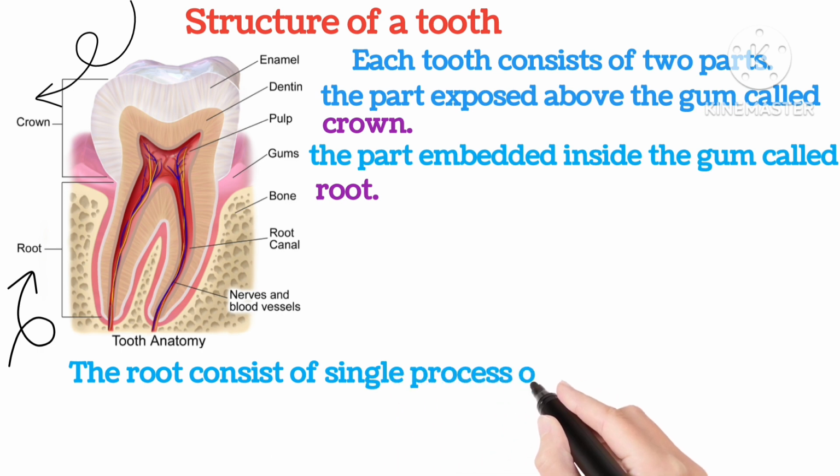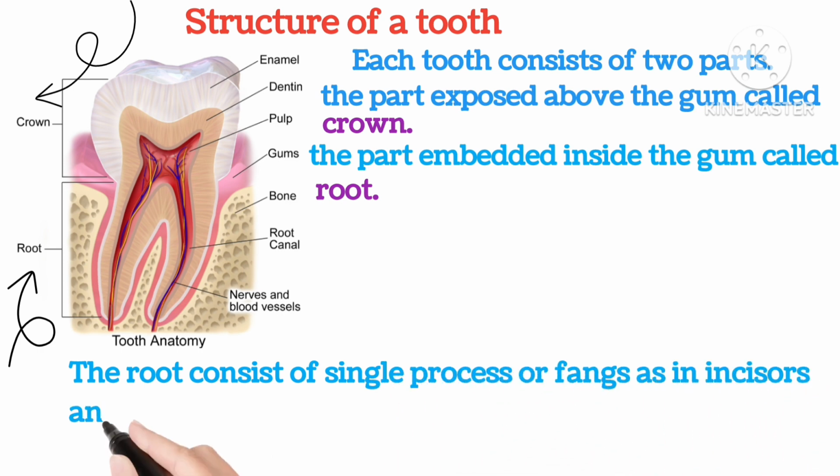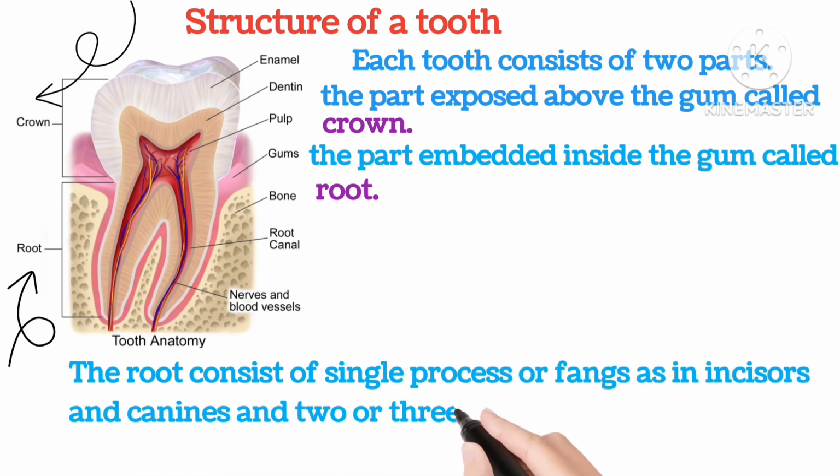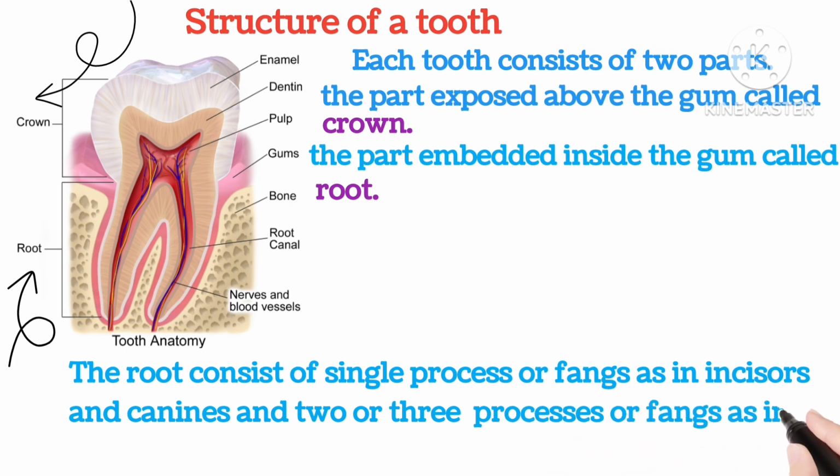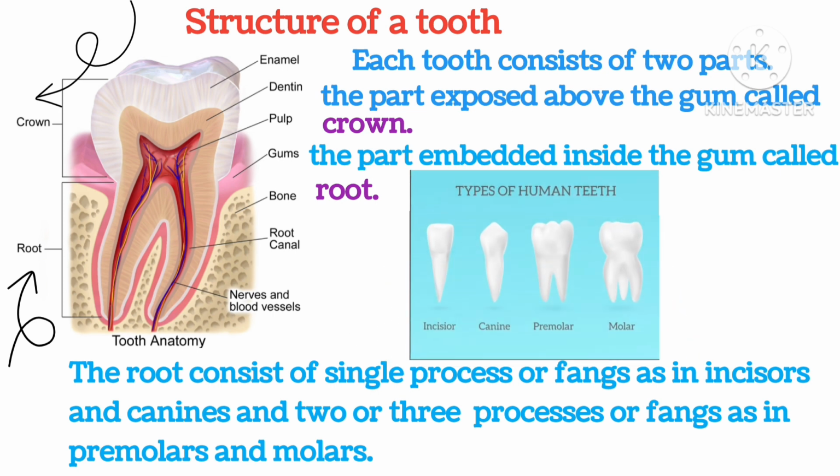The root consists of single process or fang as in incisors and canines, and two processes in the premolars and three in the molars. You can see in the picture, incisor and canines have one fang, molars have three, and premolars have two fangs.